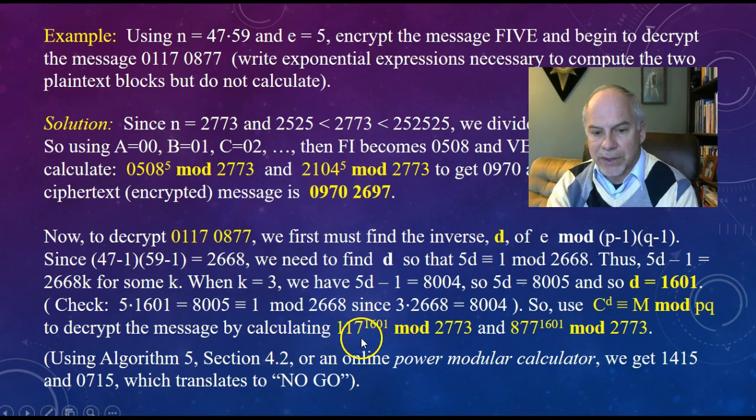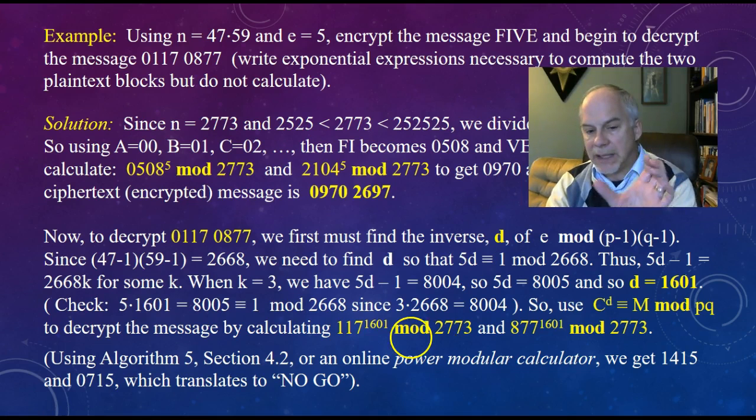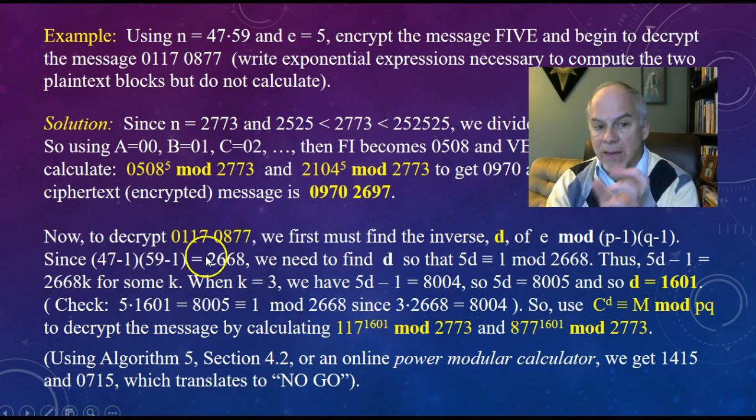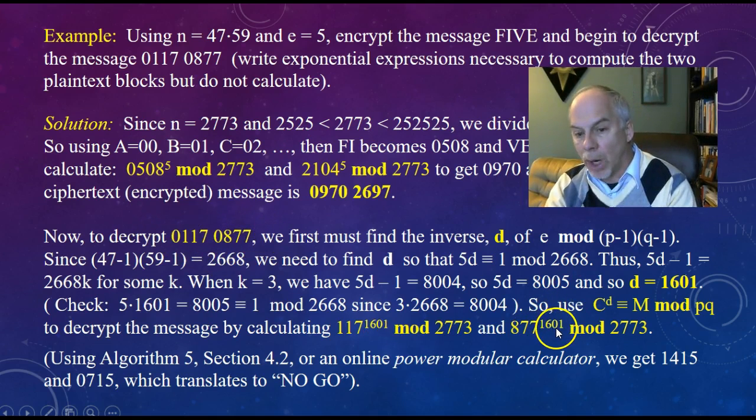So just do 117 to the power of 1601 mod 2773, and that will be your decrypted message for the first block. And then you take the second block, 0877, to the power of 1601 mod 2773, and that will be your decrypted second block.